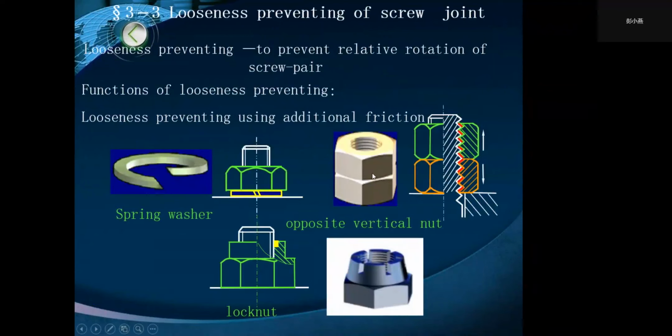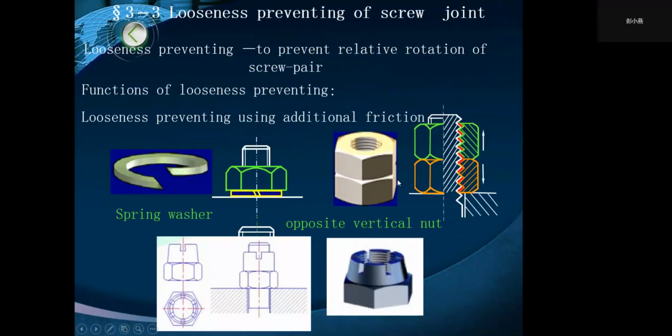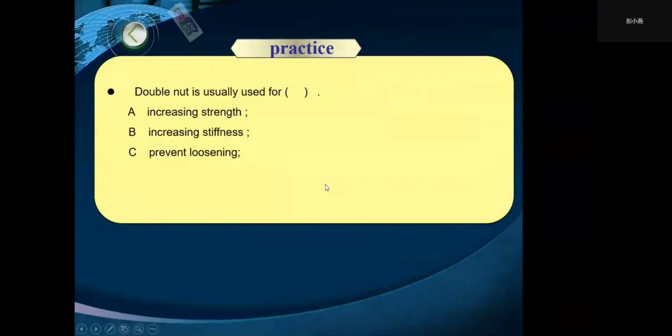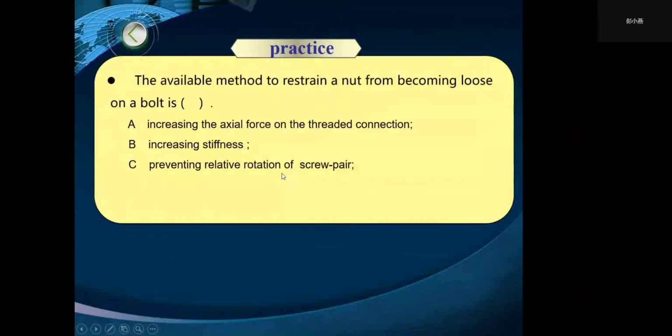We use a double nut to prevent loosening, to prevent the rotation of the nut. So the answer is C.